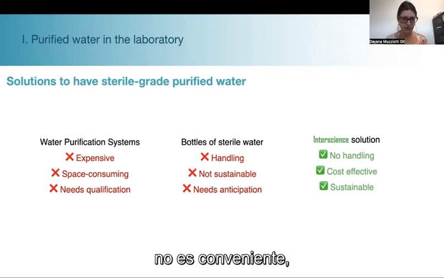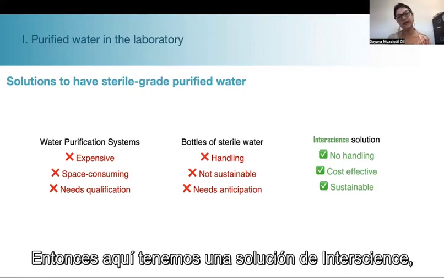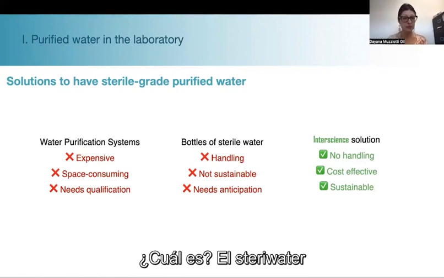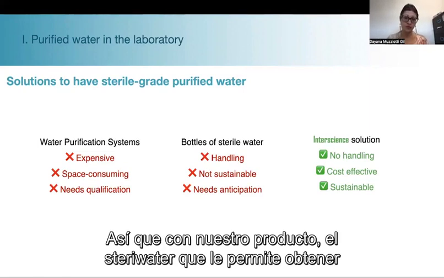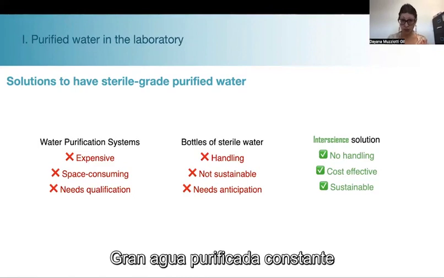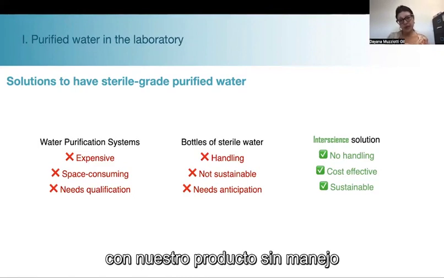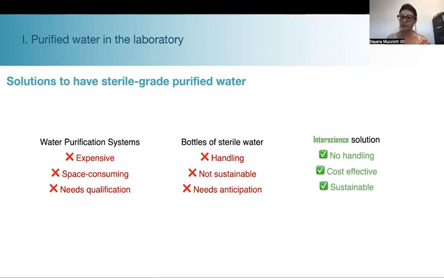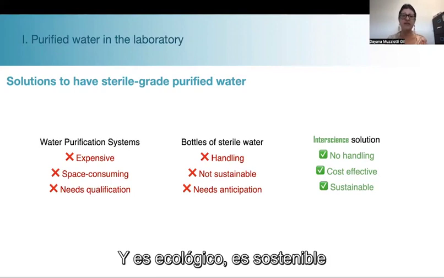So it's not convenient. Then right here, we have the INTERSCIENCE solution, which is Steady Water. With our product, you get a sterile grade purified water. There is no handling, it's cost effective, eco-friendly, and sustainable.